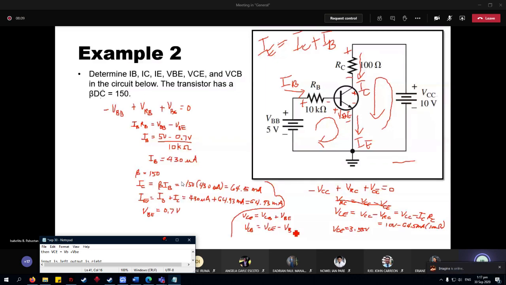So therefore you will have here 3.55 volts minus 0.7 volts. So your VCB now will be equal to 2.85 volts. So that's how, yan na lahat ang hinahanap.